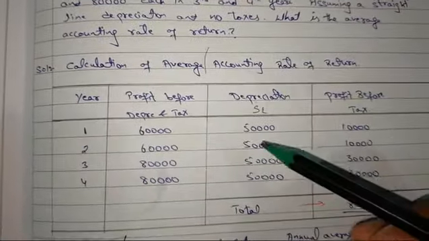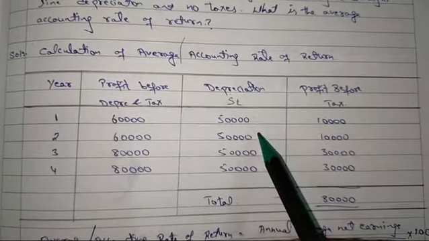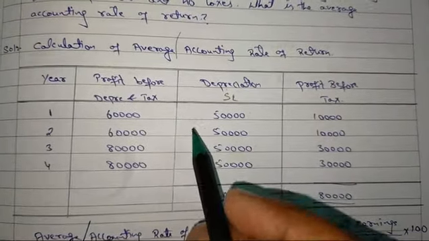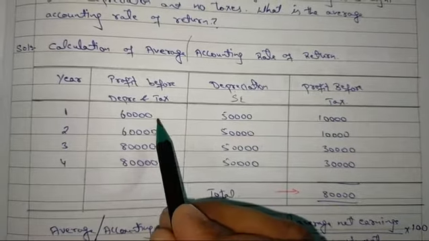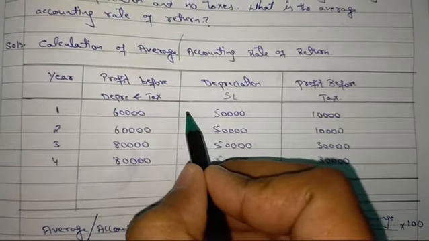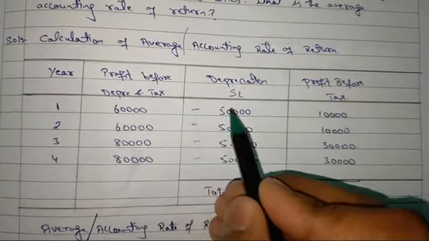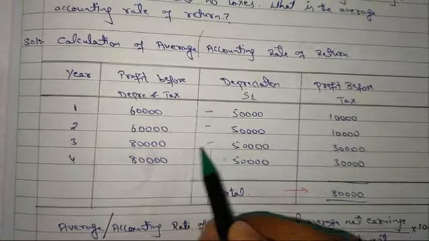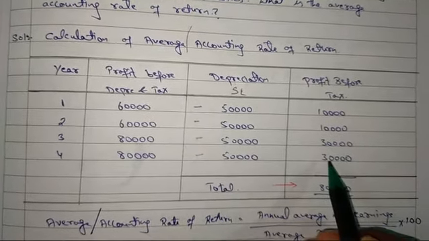For all the years we follow SLM, straight line method: 50,000, 50,000, 50,000, 50,000. Now what we need to do is subtract 50,000 from the profit. 60,000 minus 50,000 will be 10,000. 80,000 minus 50,000 is 30,000.